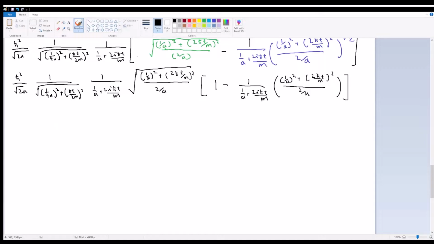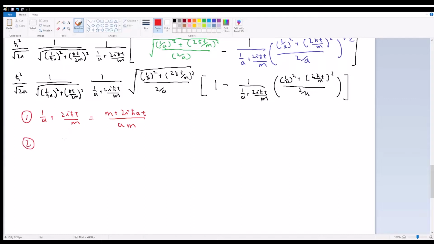So immediately, what I can say is I can combine 1 over a plus 2i h bar t over m into, let's see, m plus 2i h bar a t over am. Is that correct? m plus 2i h bar a t over am, yeah. So this is number 1.